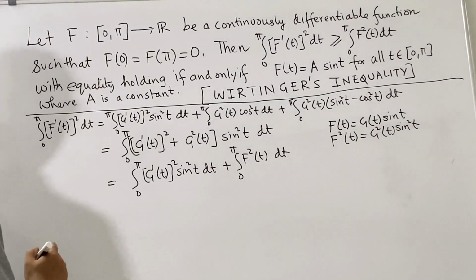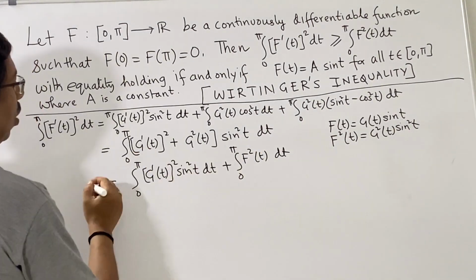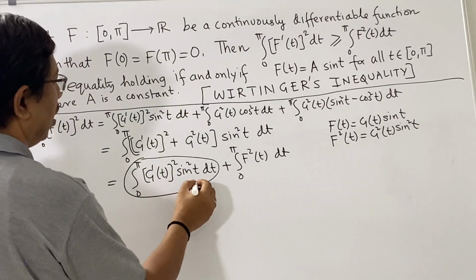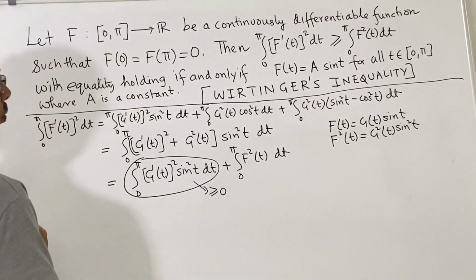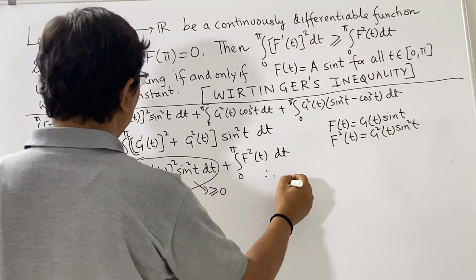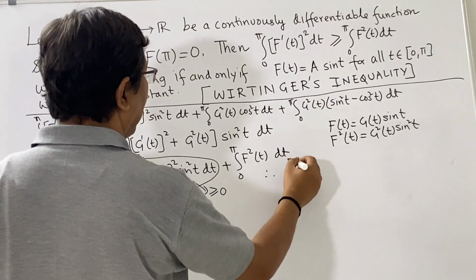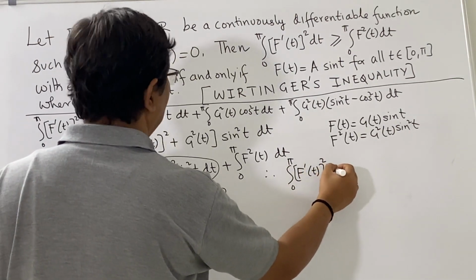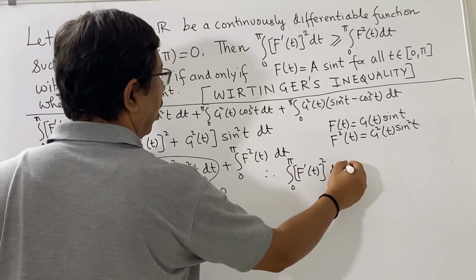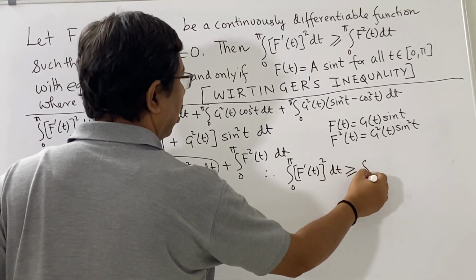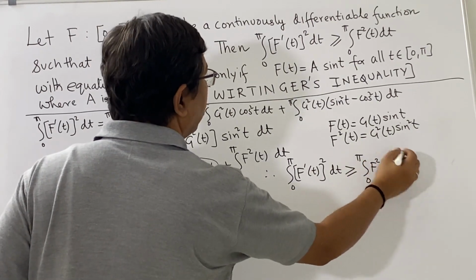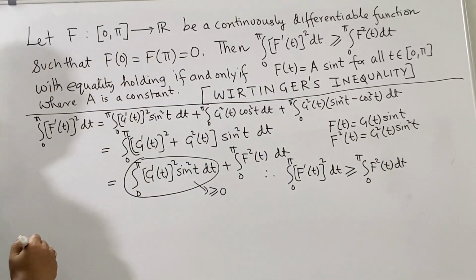So the first quantity here is an integral of a non-negative quantity, and therefore this is always greater than or equal to 0, and therefore we can conclude the integral 0 to pi of f prime t squared dt is greater than or equal to the integral 0 to pi of f squared t. So this proves Wirtinger's inequality.